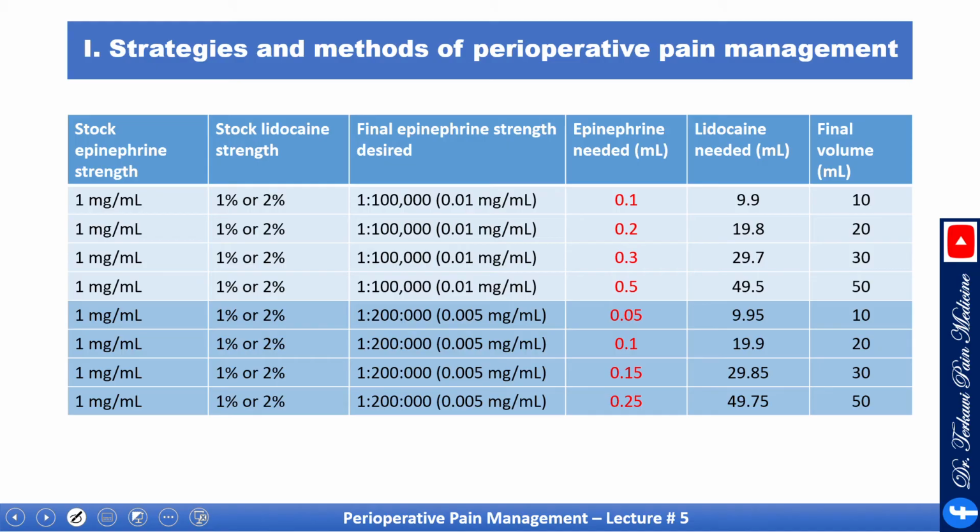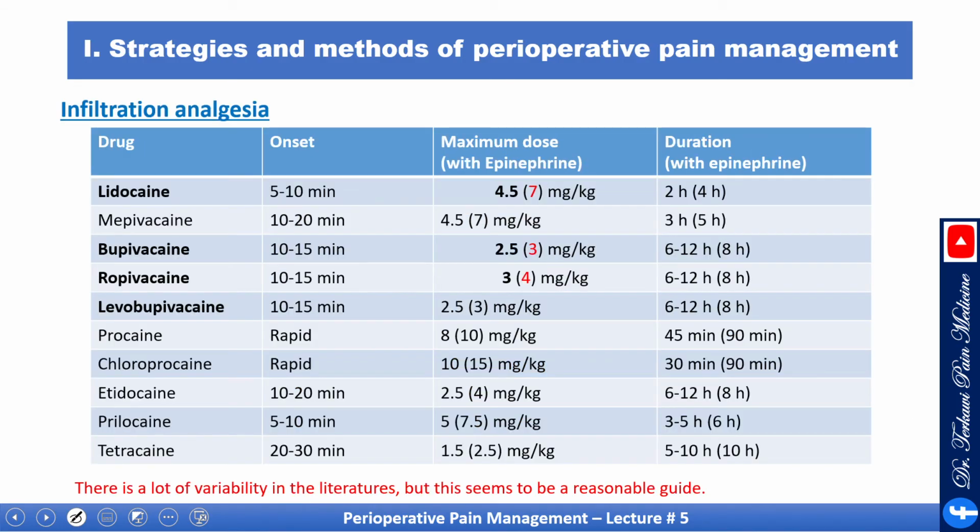This is a table, or a cheat sheet, that helps you make the mixture of local anesthetic with epinephrine. So it's important to know the dose here. And this table is another important cheat sheet, which you can save.